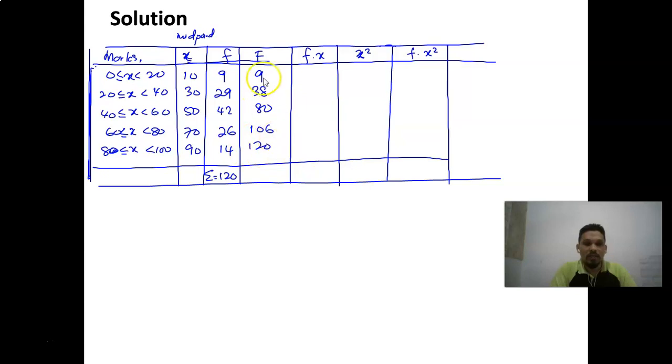So you can see now that the n of the cumulative frequency equals the total of the frequency here.